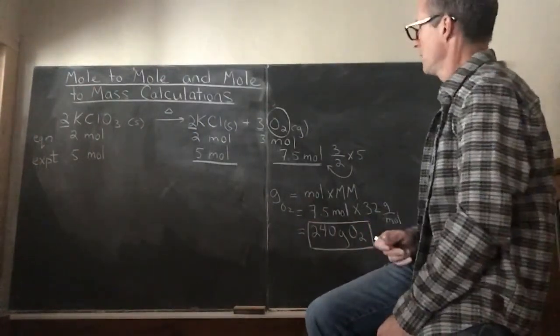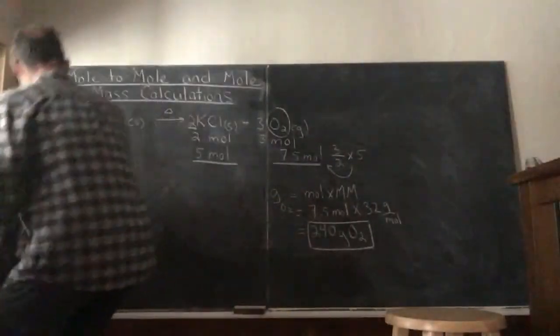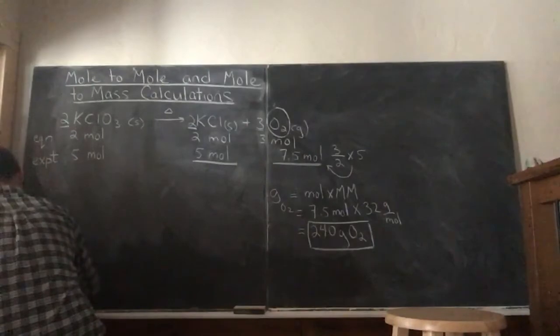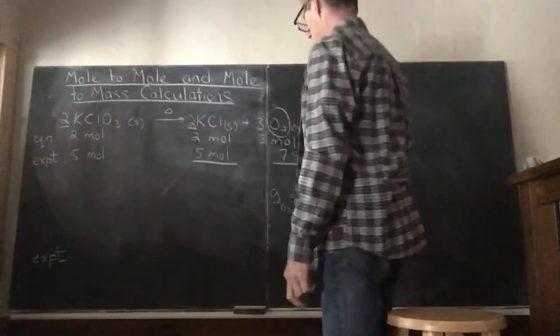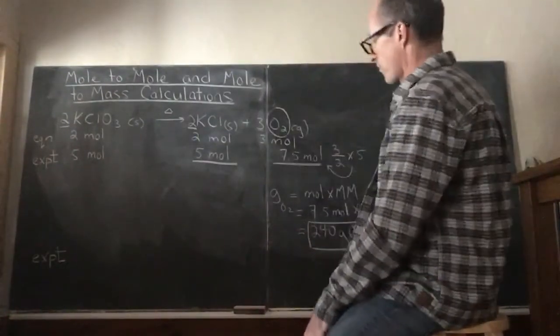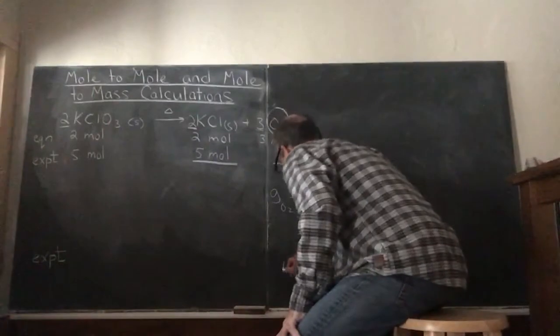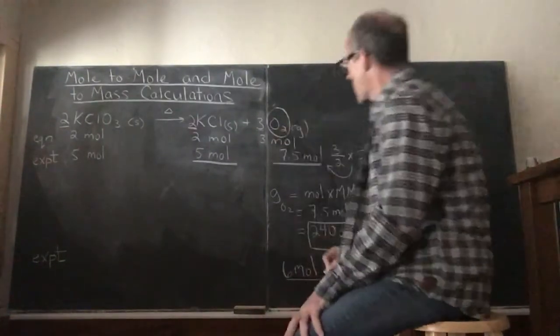Now, we can go the other way. If we set up another experiment, instead of dealing with 5 moles of KClO3, we can deal with 6 moles of O2. So let's start on the product side.